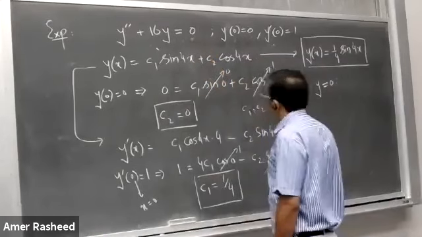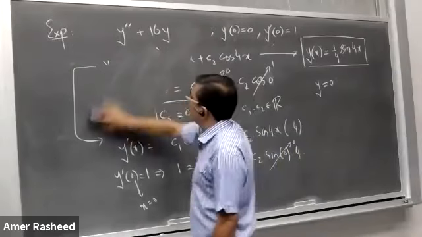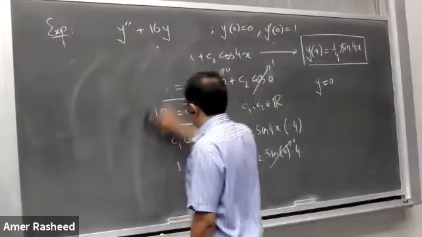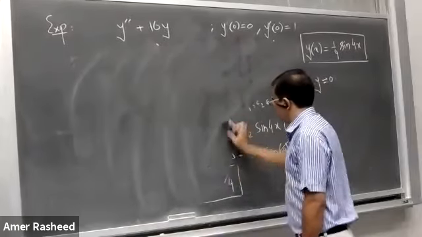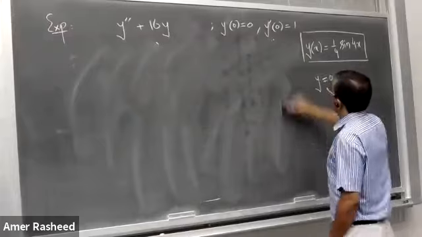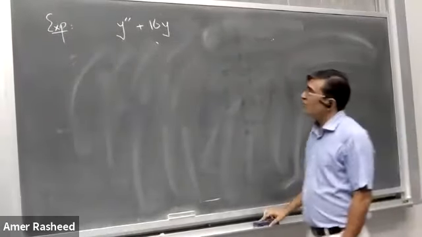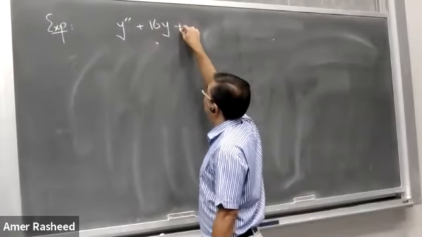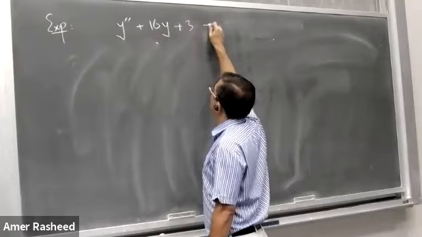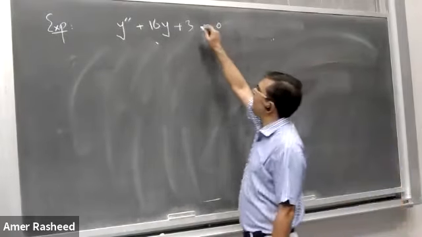But what if I write here y double dash plus 16y plus maybe 3 is equal to 0, or 3x squared?